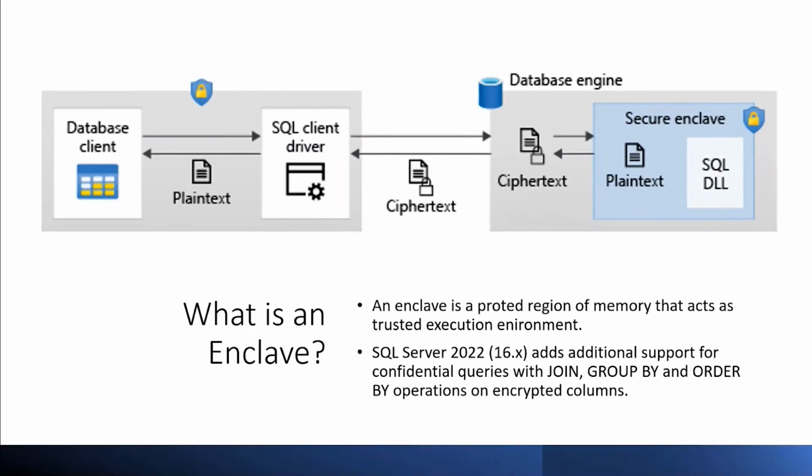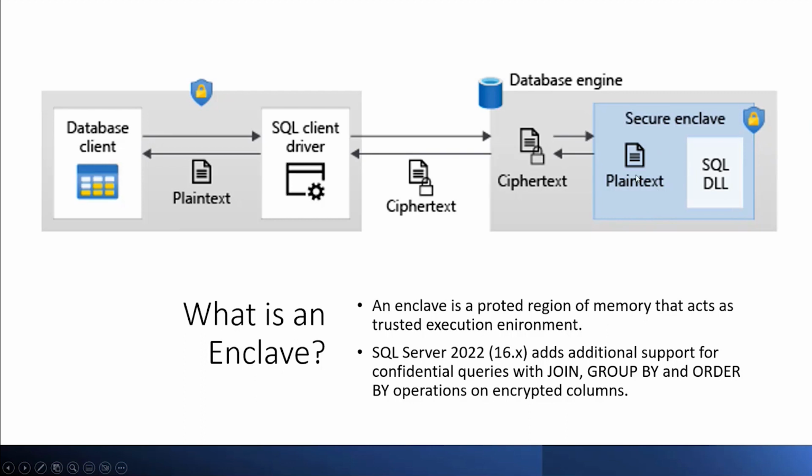So we have a term called enclave. How it works is an interesting point. We have a database, a SQL client driver, and ciphertext, and this is the database engine. An enclave is a reserved area in memory where SQL Server, with the help of the SQL client driver, does the operation inside that one reserved area, and after the search is applied, the row IDs are provided to SQL Server to return the final result.